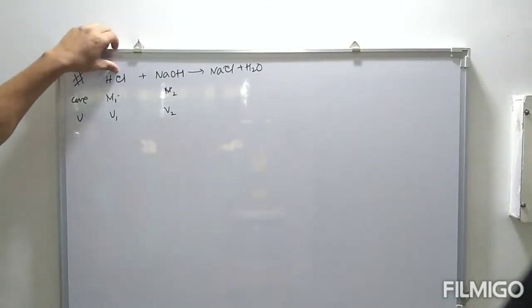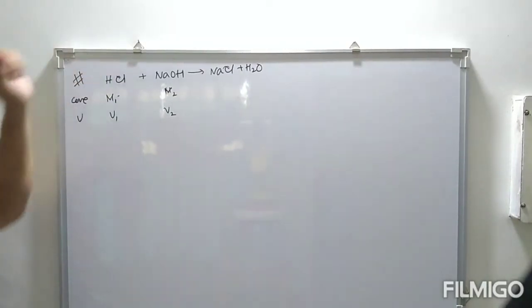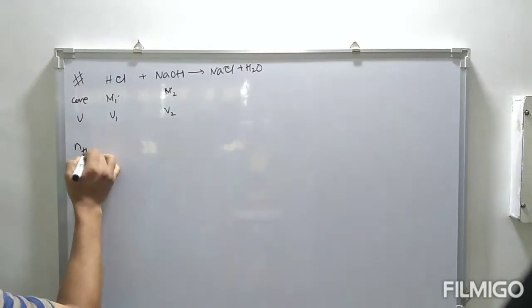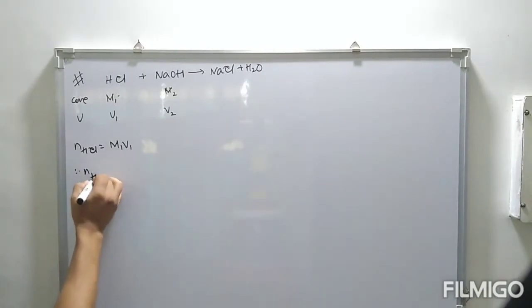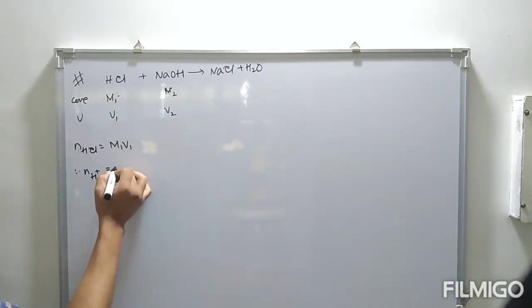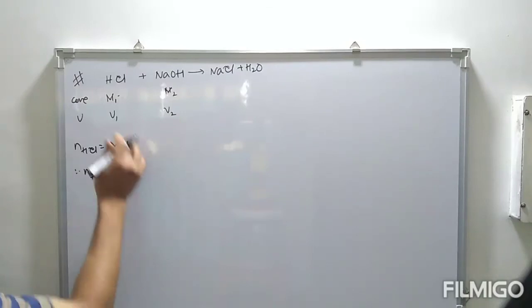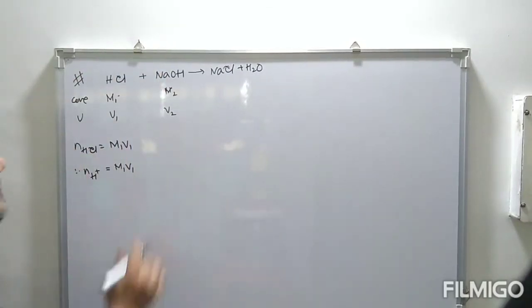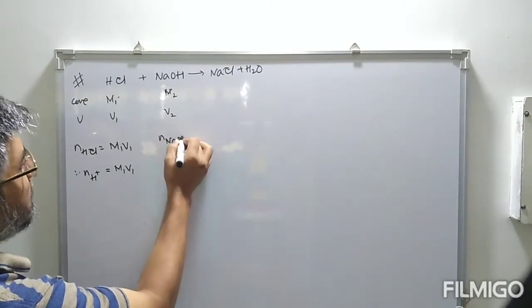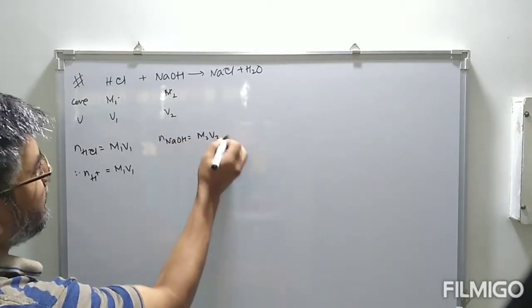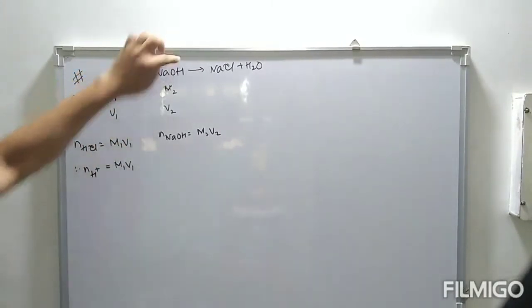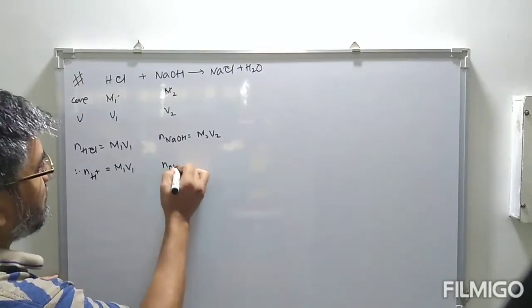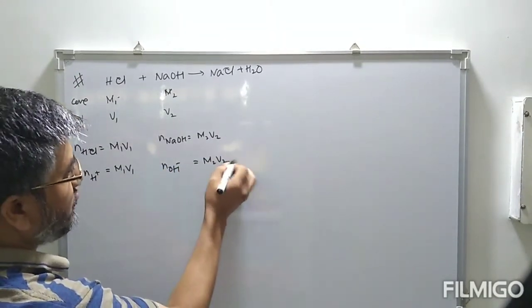Now, when HCl ionizes to give H plus and Cl minus, the number of moles of HCl is M1V1, therefore the number of moles of H plus ion is M1V1, because 1 mole HCl gives 1 mole H plus ion. The number of moles of sodium hydroxide is M2V2. When sodium hydroxide ionizes, this gives hydroxide ion. So the number of moles of OH minus ion is M2V2.